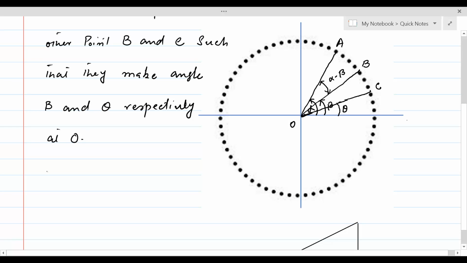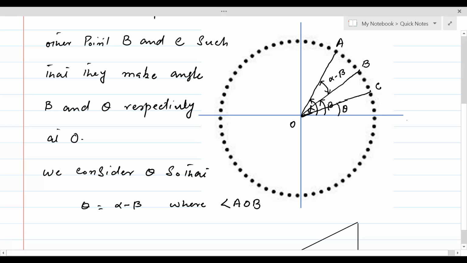The central angle, we consider theta, so that theta is equal to alpha minus beta, where angle AOB is equal to alpha minus beta.